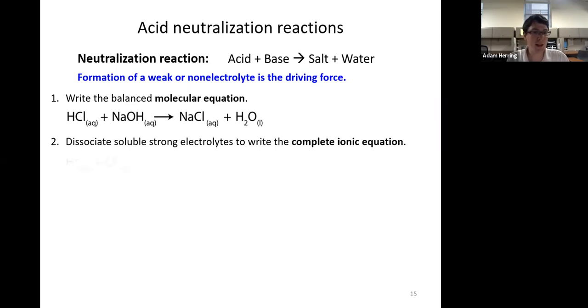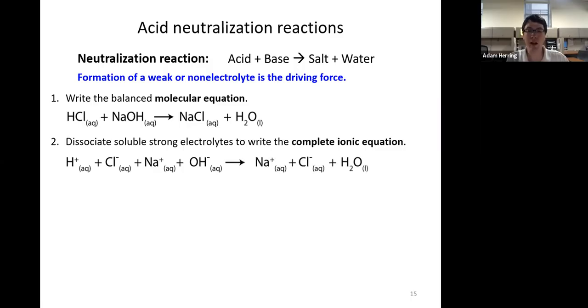Hydrochloric acid is a strong acid, so it's fully dissociated. Sodium hydroxide is both ionic and a strong base, so it's fully dissociated. Sodium chloride is an ionic compound, and therefore it's fully dissociated. And then water is written out as H2O as a liquid.